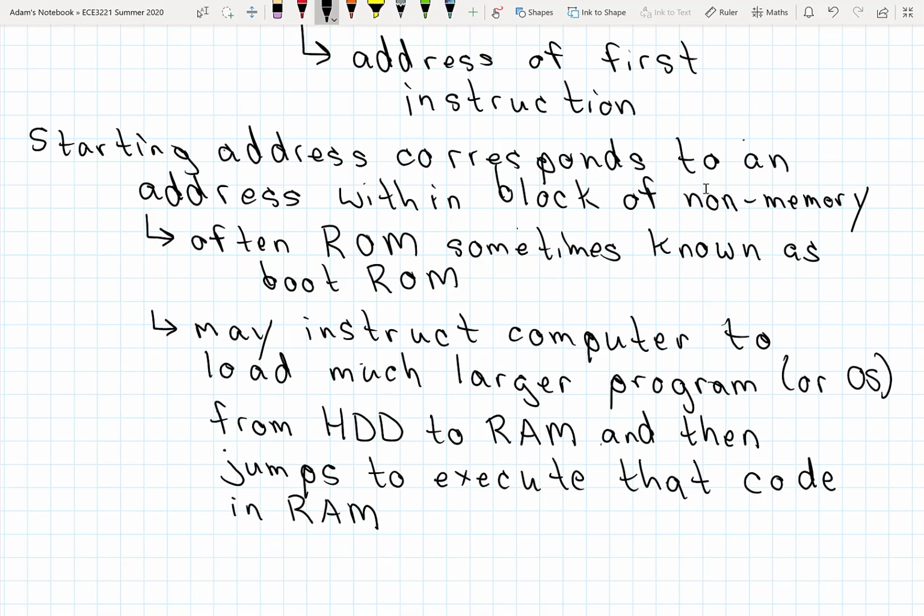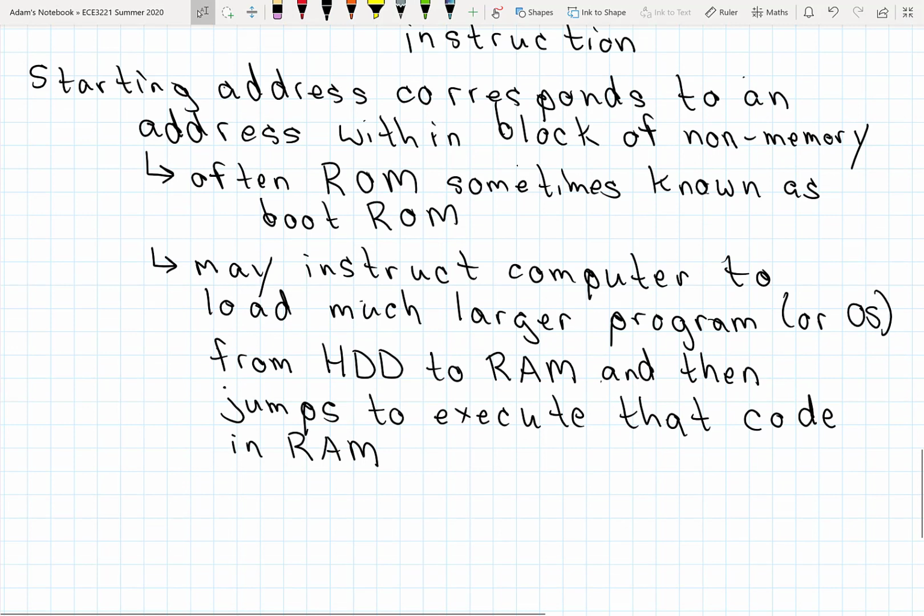In our embedded processors, often the processor is just going to access those instructions directly out of the program memory area, but in your conventional desktop computer, the processor rarely is executing the instructions directly from the hard drive where your operating system and your programs actually exist.